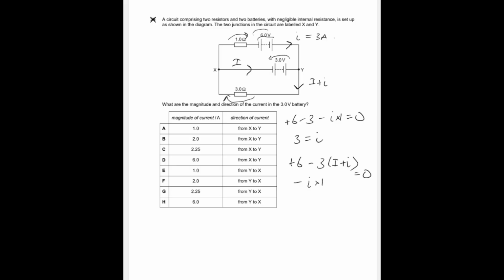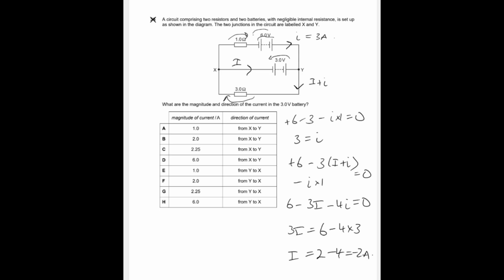So then plugging in I equals 3, we get 6 minus 3I minus 4I equals 0. So 3I equals 6 minus 4 times 3. So I equals 2 minus 4, which is minus 2 amps.